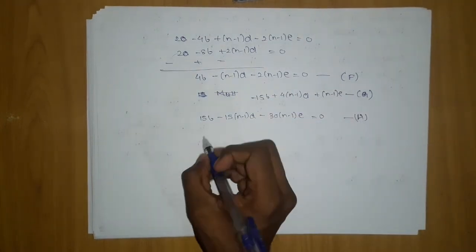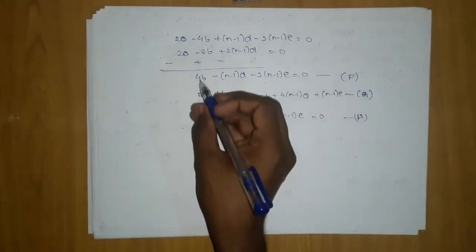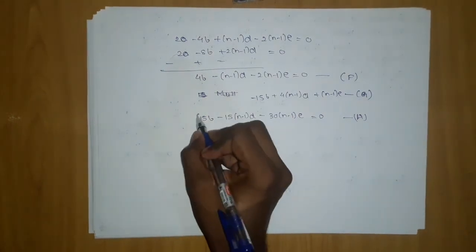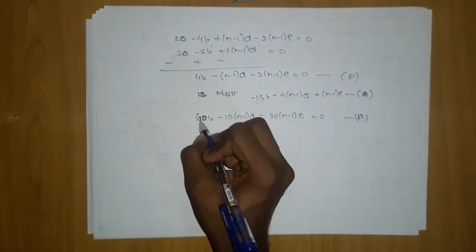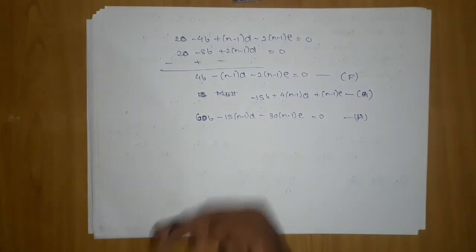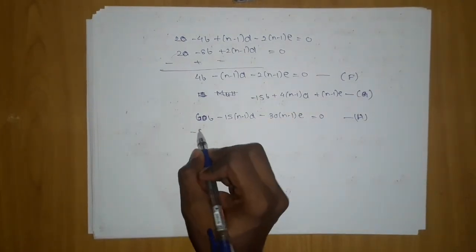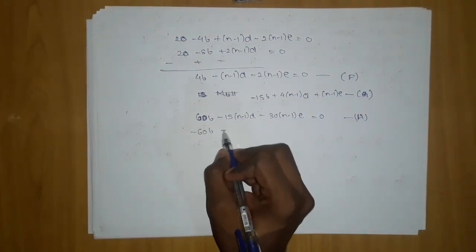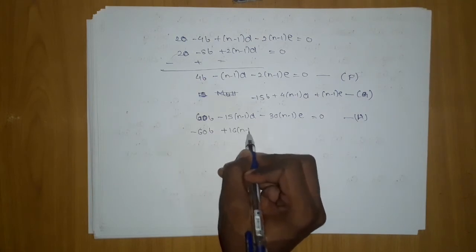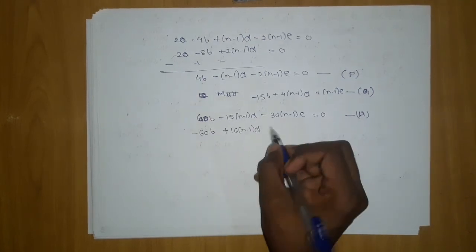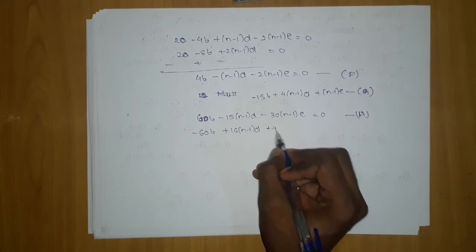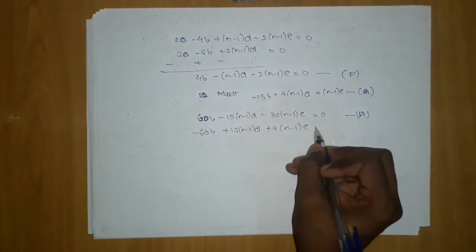And this I multiply by 4, then 4 times 15 will become 60b. And here similarly I will multiply by 4, which will become minus 60b plus 16(n minus 1)d, and here 4(n minus 1)e, which will become 0.